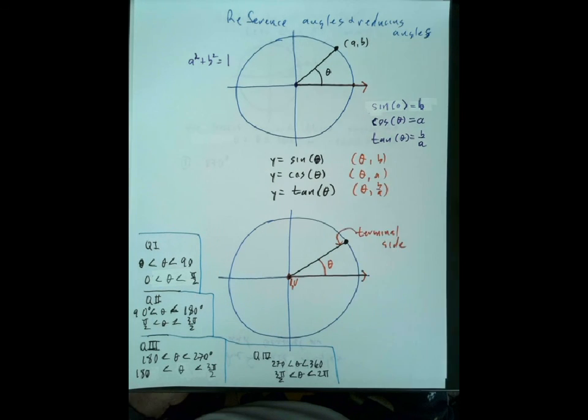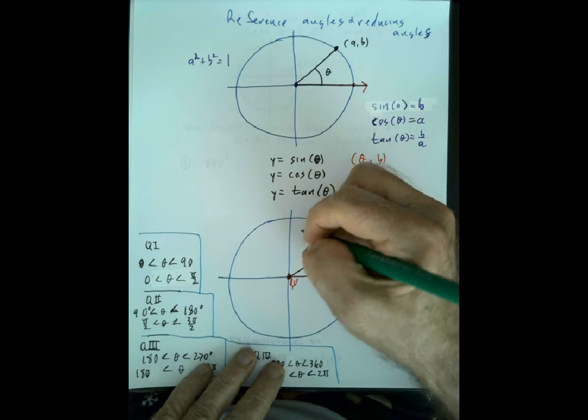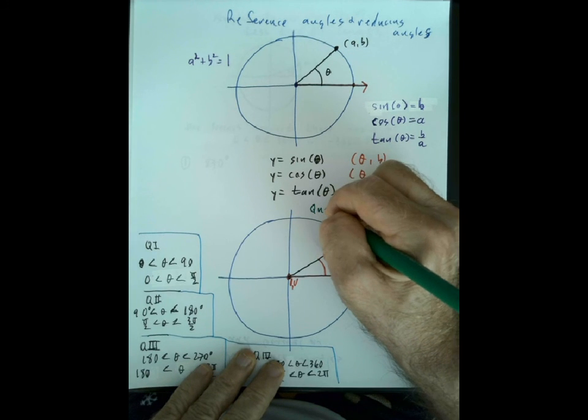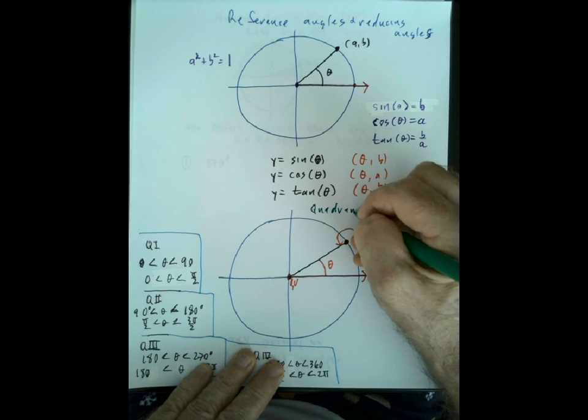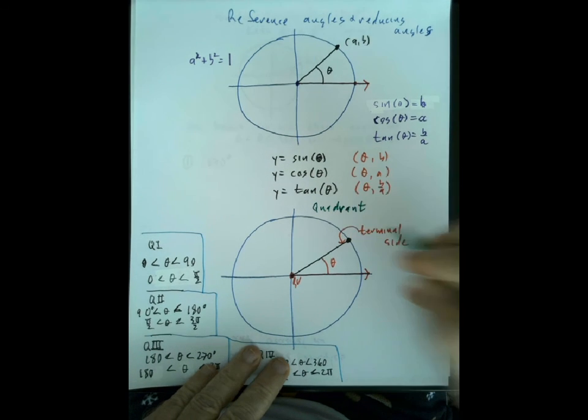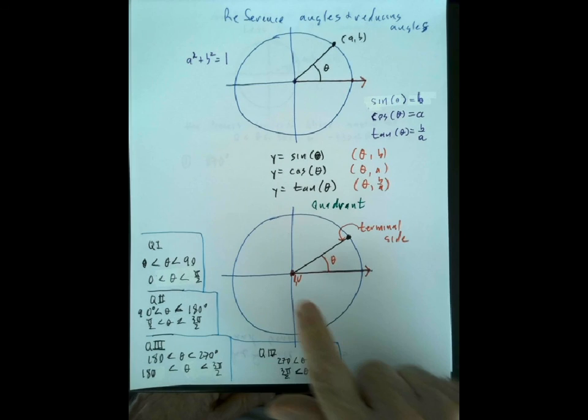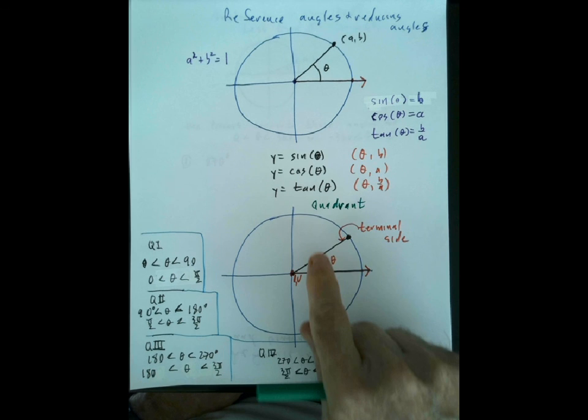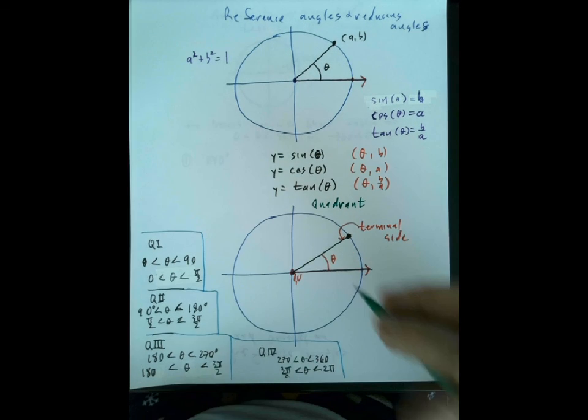Also, notice that the circle is made up of 4 quadrants, and the quadrants are numbered like this. Quadrant, for fourths. The circle is divided into four regions, and they're numbered like this.